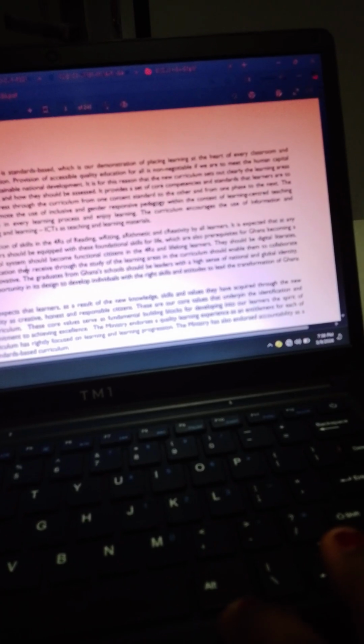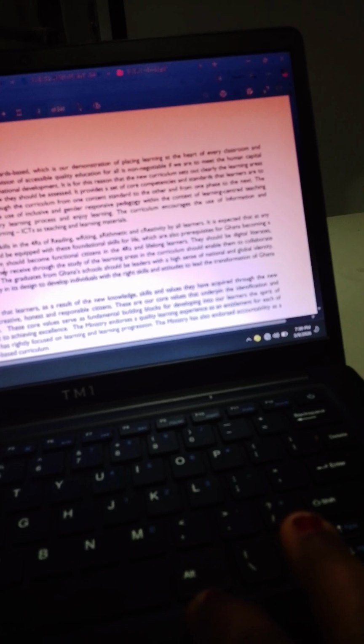The new curriculum for Ghana's primary school is standard-based, which is our demonstration of placing learning at the heart of every classroom and ensuring that every learner receives quality education. Provision of accessible quality education for all is non-negotiable if we are to meet the human capital needs of our country required for accelerated sustainable national development.